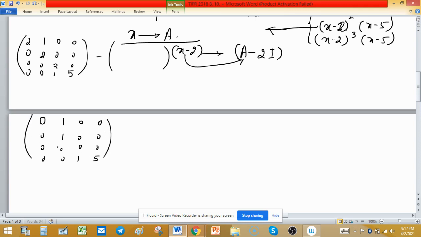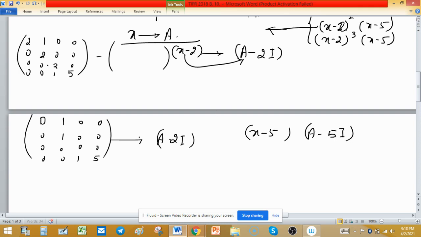If there is a calculation mistake, you can understand. This is A minus 2 times the identity matrix, and we should multiply this by (x minus 5), meaning A minus 5 times the identity matrix.